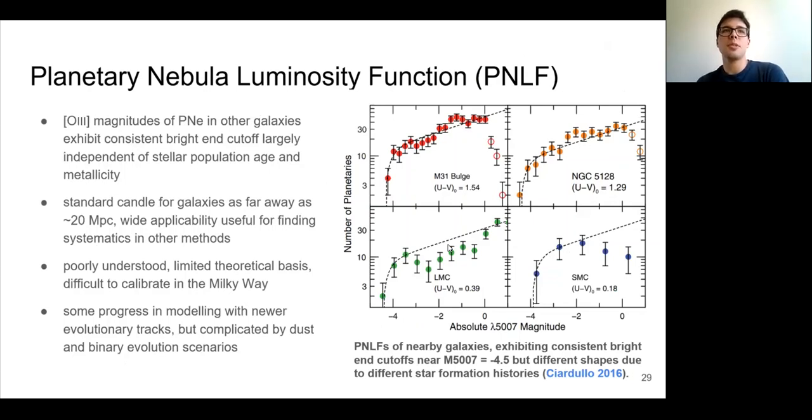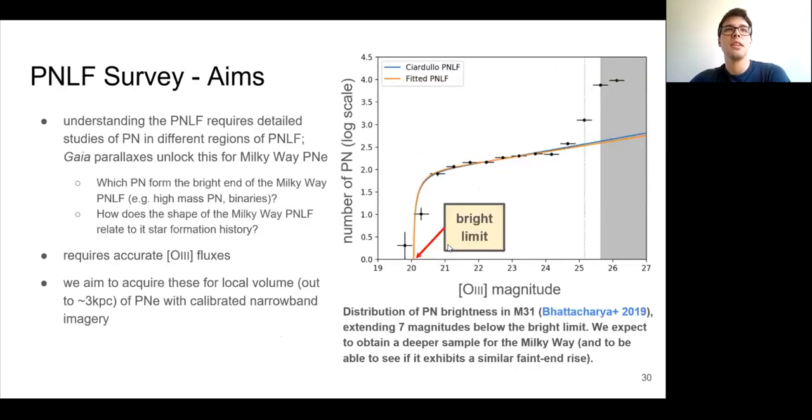And for the first time, really, with these Gaia distances, we have some hope of studying it for our own Milky Way. So we've been working on a narrowband OIII survey of nearby PN in the Milky Way, aiming to obtain a volume-limited sample.